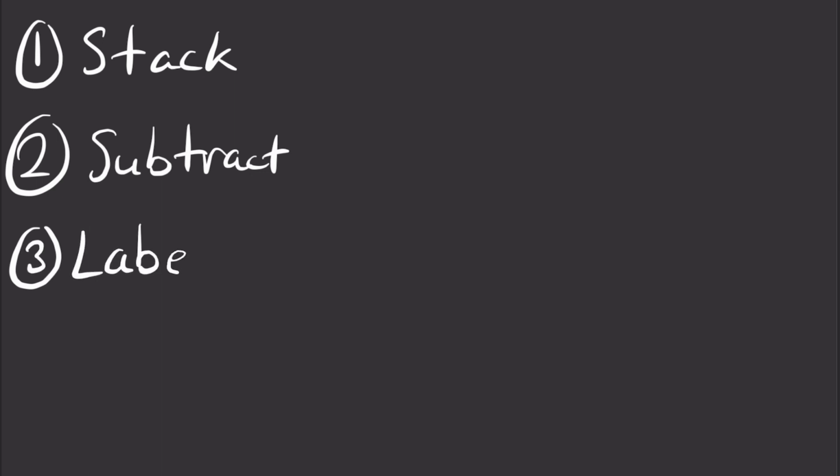So this method has more clear steps than the ones we just did if you're not used to formulas. So what we're going to do for this next one is stack, and then we'll subtract, label, and then finally divide.